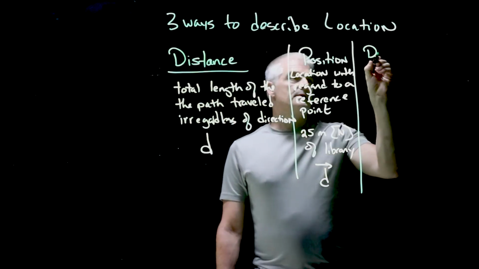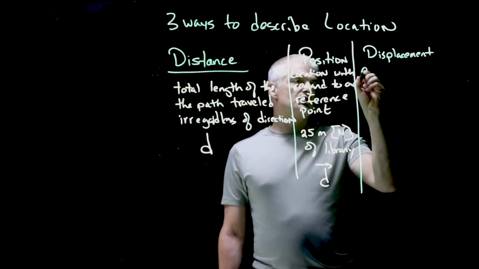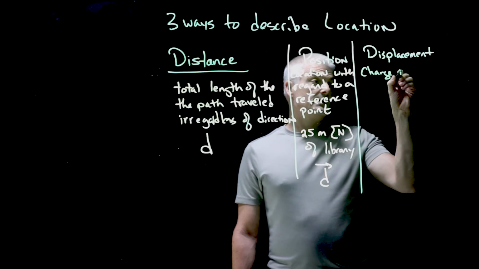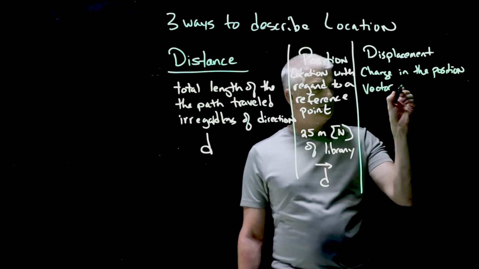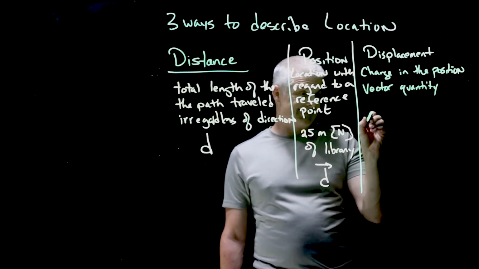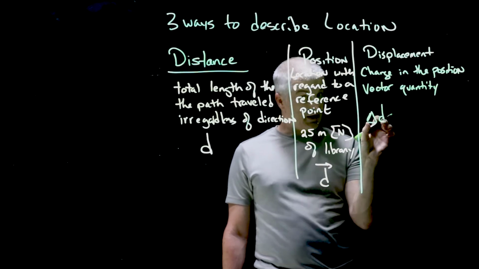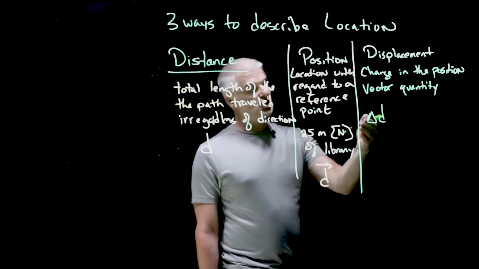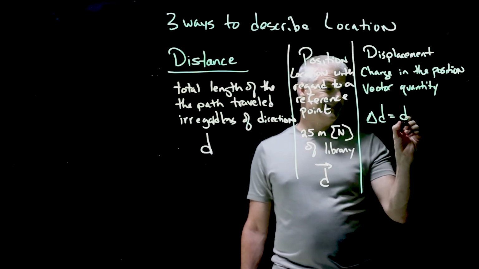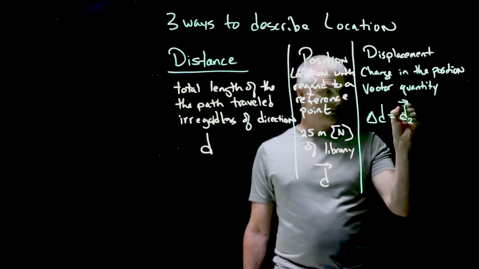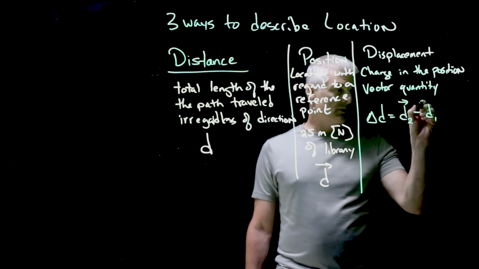And then displacement. This is the change in the position, and it's a vector quantity. And the symbol for this is delta d, or triangle d. The triangle represents change in something. And it equals d2 arrow minus d1 arrow.